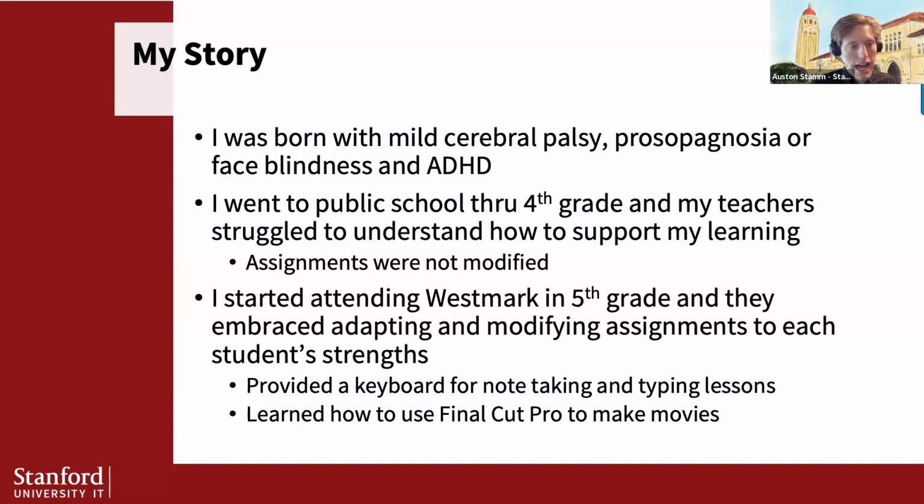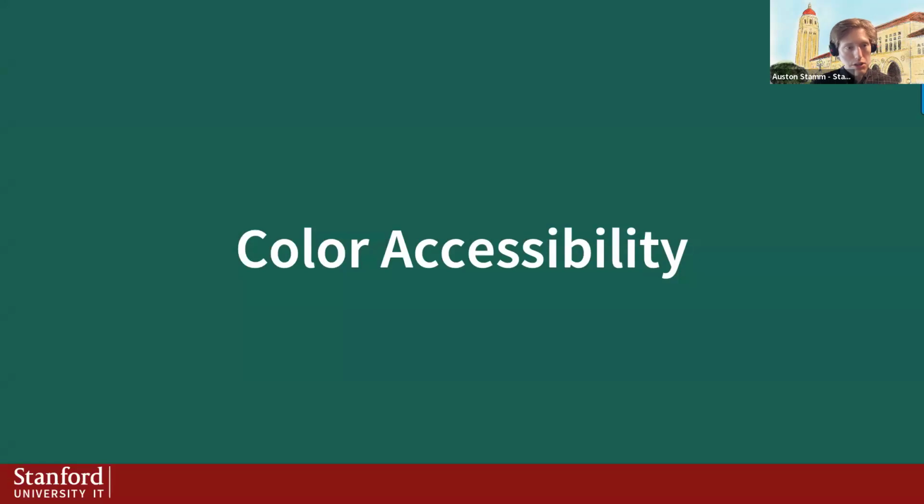I also learned how to use Final Cut Pro to make movies instead of poster board projects. And that really helped me. I actually got my bachelor's in film production. So hopefully that gives a little context of why it's important to think about how you can adapt your assignments and content materials to reach the widest range of learners or users possible.